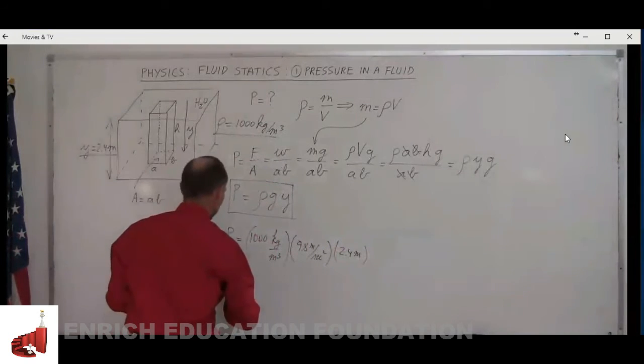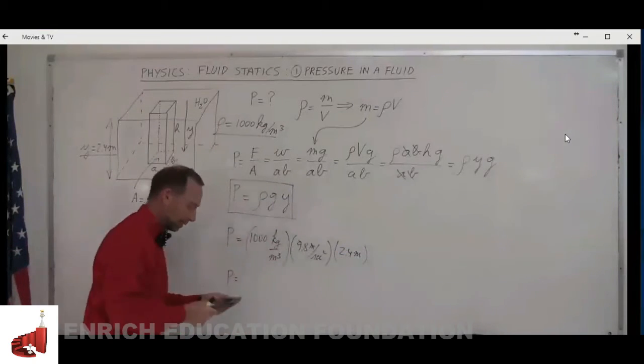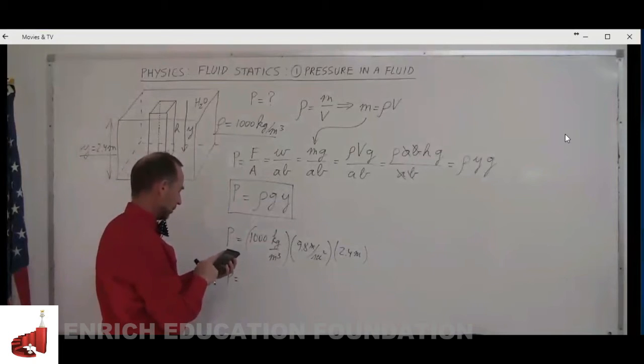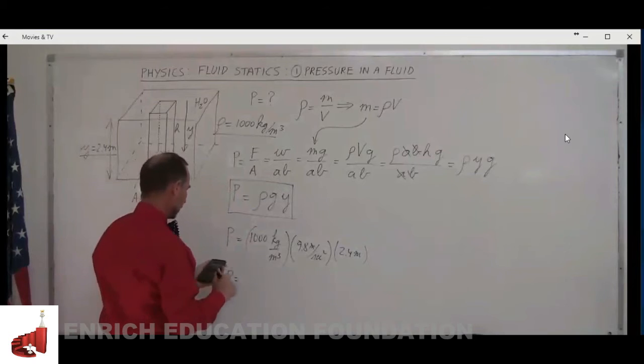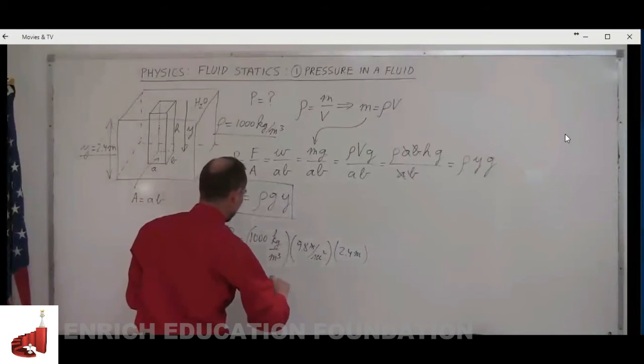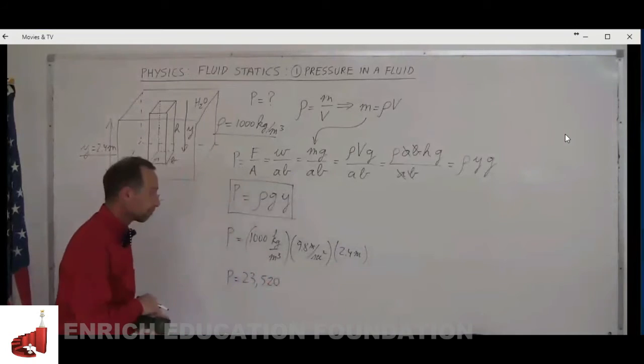And notice then that the pressure is going to be, let me grab my calculator, 1,000 times 9.8 times 2.4, and we get 23,520. Now what are the units?